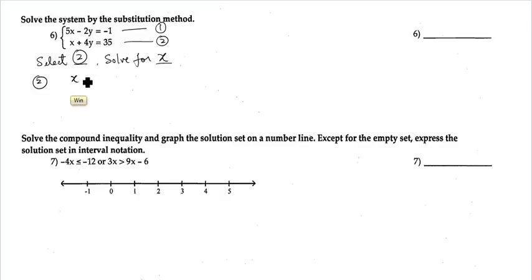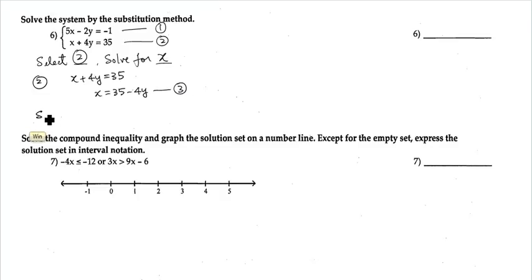So I have equation 2, x plus 4y is equal to 35. And I want to get the x by itself, so I subtract 4y on both sides. So I got x is equal to 35 minus 4y. And then I give it a new name. This is my equation 3.